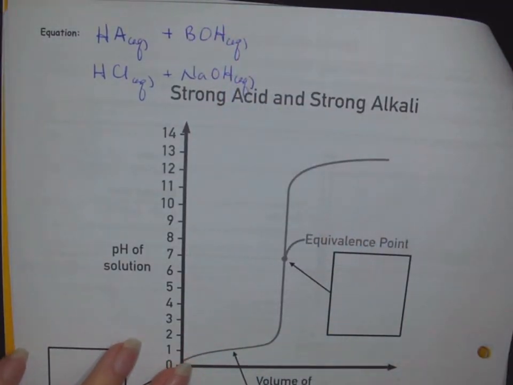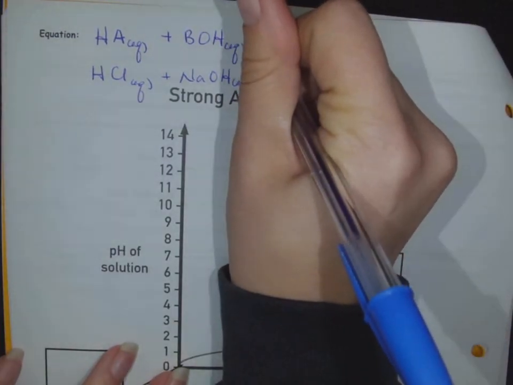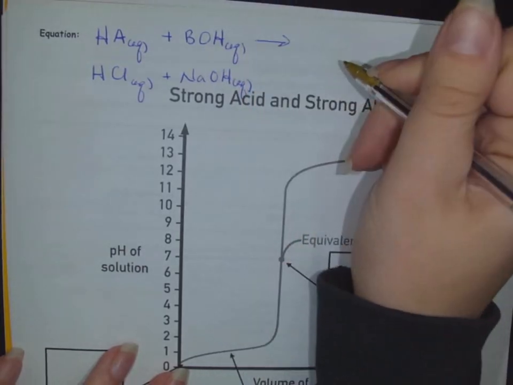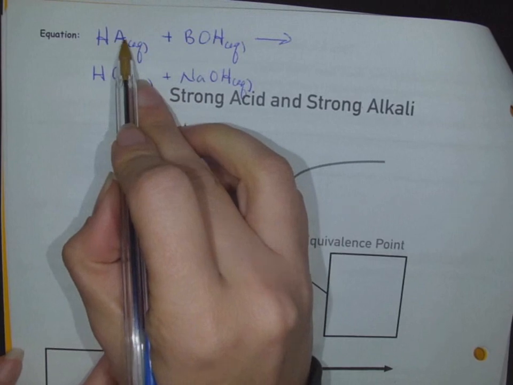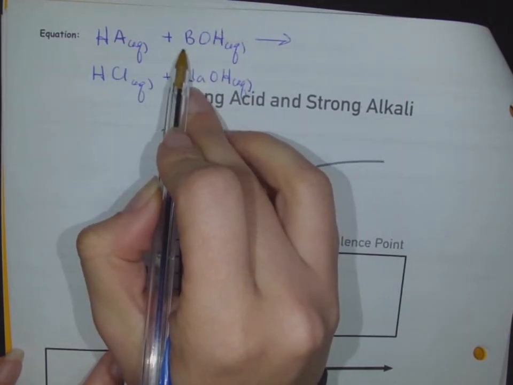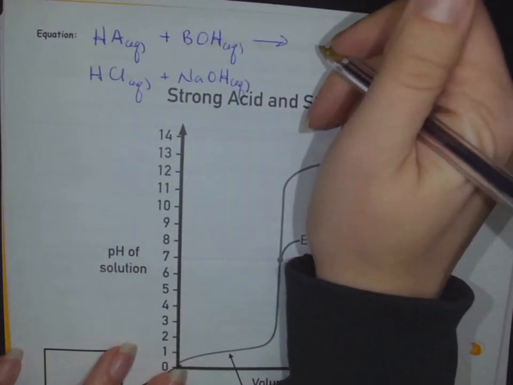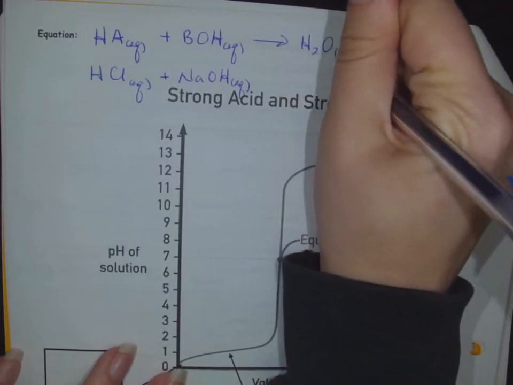Okay. And now, sorry, these are going to react. The H plus is going to break apart from the A minus, and the OH minus is going to break apart from this B plus here. And so what you end up with is water, liquid, okay?